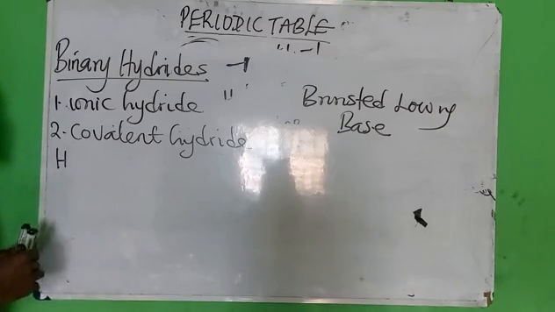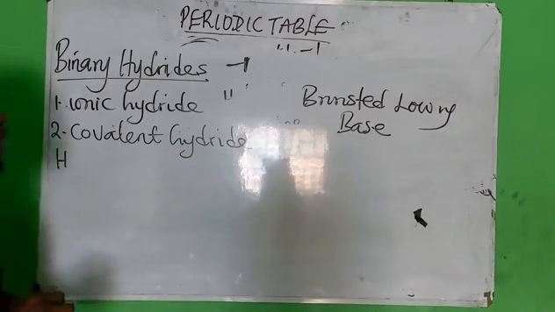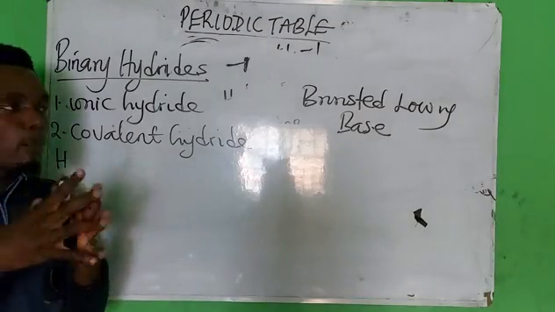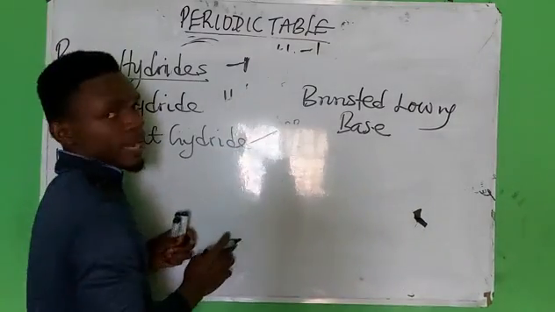Let me put it this way: covalent hydrides are hydrides formed between compounds that have covalent bonds. There are 2 types of covalent hydrides, all right?